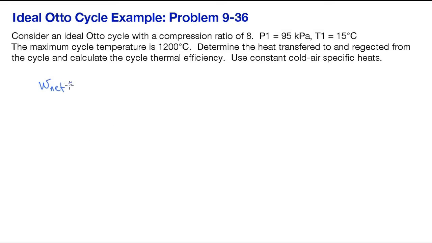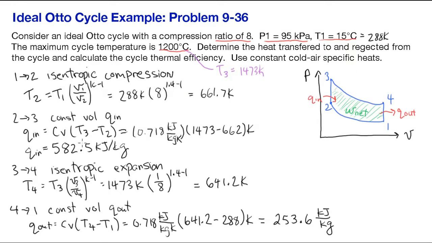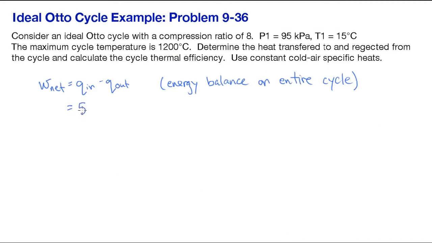Next step, we need the net work to calculate the thermal efficiency. So we take the heat going in, subtract the heat going out. That's an energy balance on the entire system over the whole cycle. So we go back, we see our Q in value, we find our Q out value, and we want to solve the difference of them.